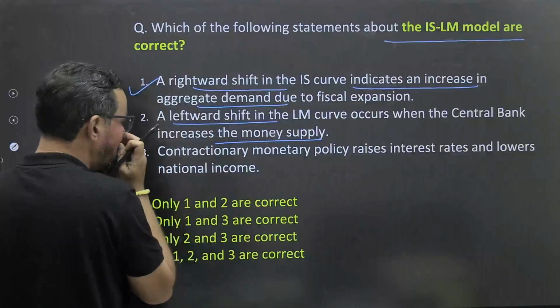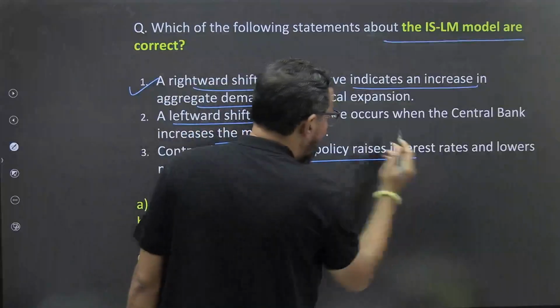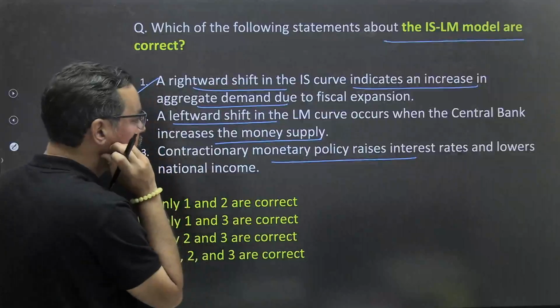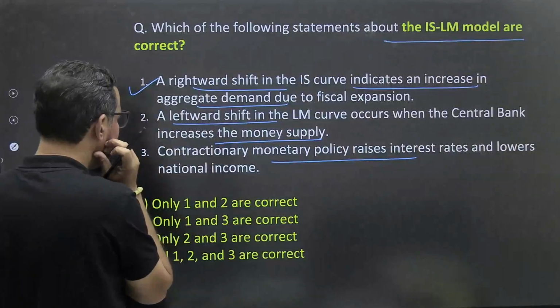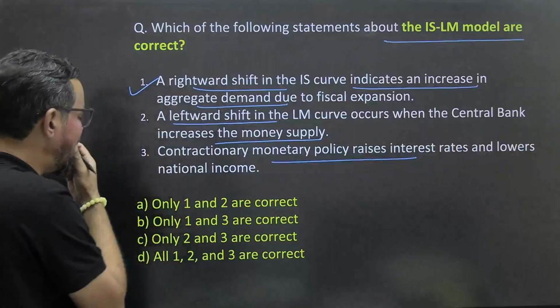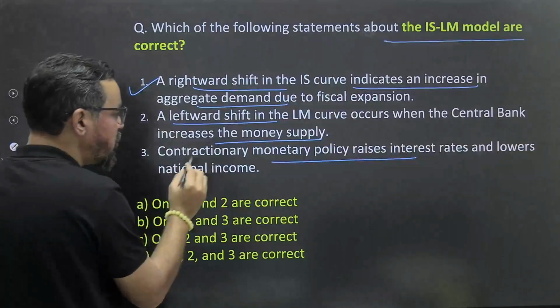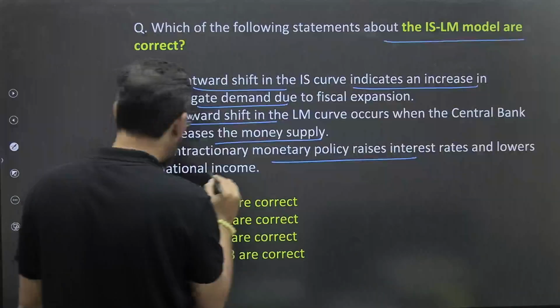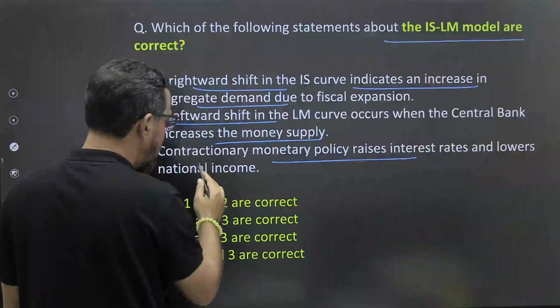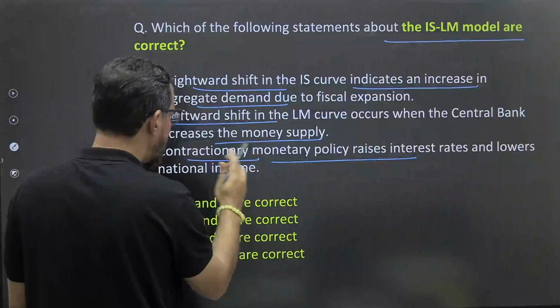Contractionary monetary policy raises the interest rate and lowers income. Contractionary monetary policy, this is also correct.